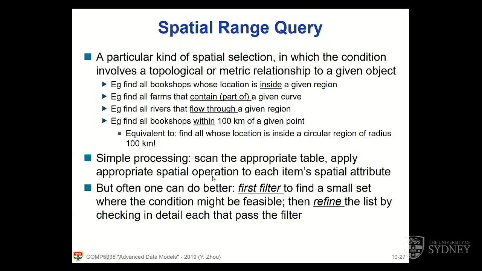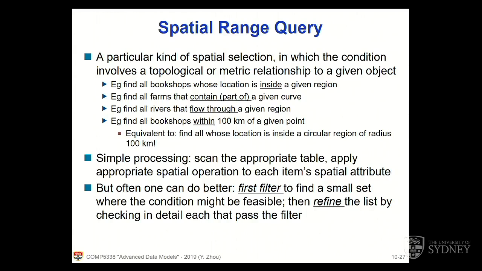The simple processing is we scan the appropriate table and apply appropriate spatial operations to each item's spatial attribute. Again, that will be very inefficient if the table is pretty big. Most spatial queries operate in 2 steps.